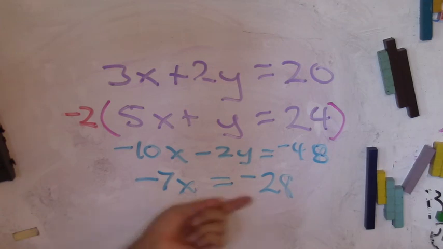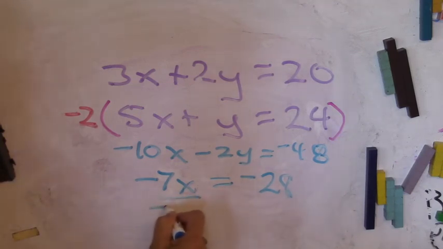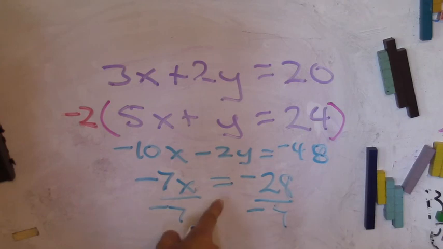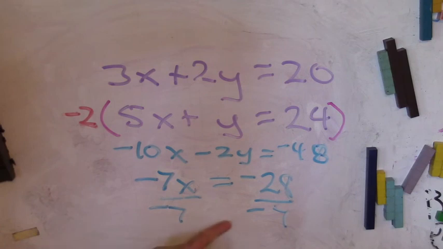Or what's just 7 times what is 28? 4. I mean, sorry, 4. Yeah, there you go. Because if I had -4, this would be positive 28. And since it's just a regular 4, it's just -7, 4 times. All right, so now I know that x is the same thing as 4. Just regular plain old 4.